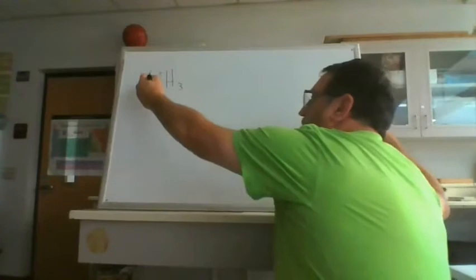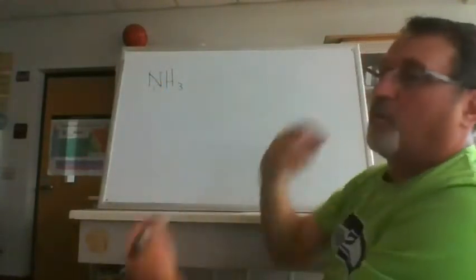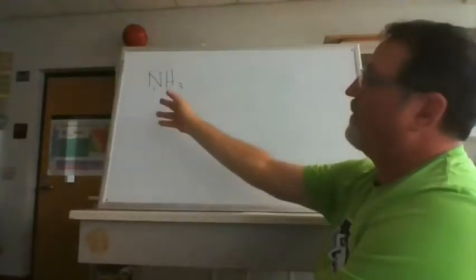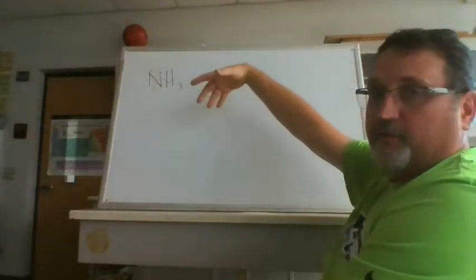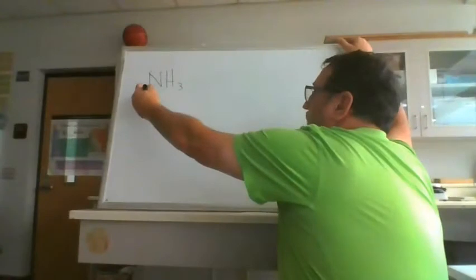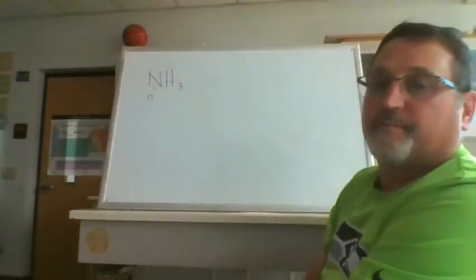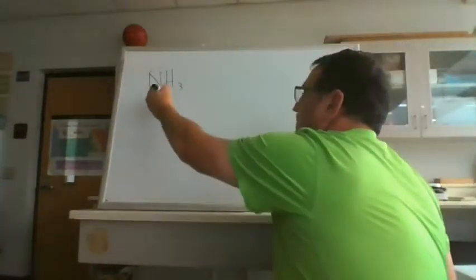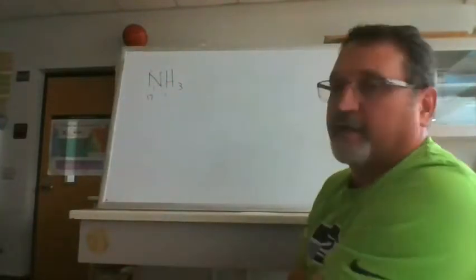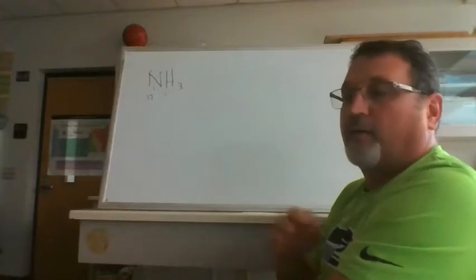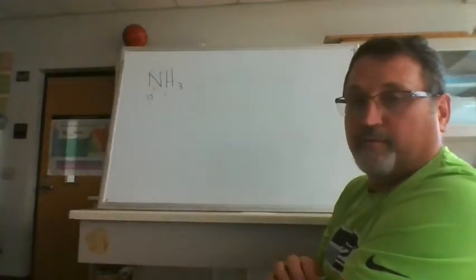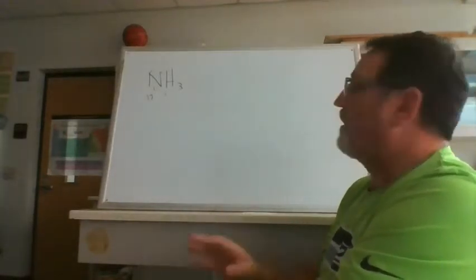Okay, one mole of ammonia would contain 1 mole of nitrogen. When we look up nitrogen on the periodic table, it weighs 17 grams. Hydrogen essentially weighs 1. Technically, it's 1.0008. I'm quite okay, and I recommend that you round hydrogen to 1 in all of these.